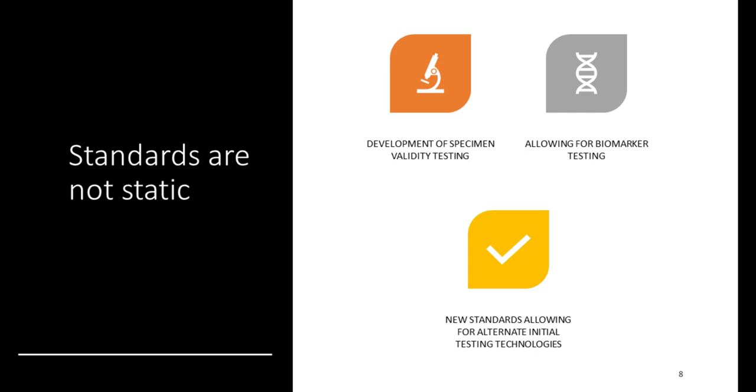In the forensic urine drug testing, urine mandatory guidelines, over the years, changes to the standards include development of specimen validity testing in response to a plethora of products designed to thwart the drug testing procedures, allowing for biomarker testing to validate the specimen as biologically produced urine rather than synthetic urine, and then new standards allowing for alternate initial testing technologies, since many adulterants disrupt immunoassays used for initial testing.